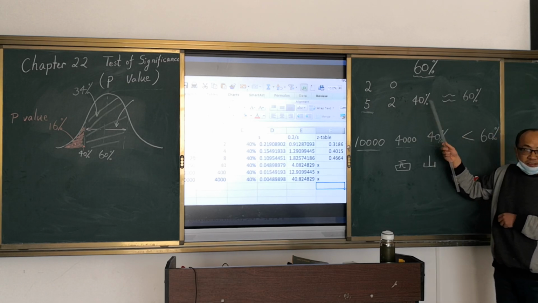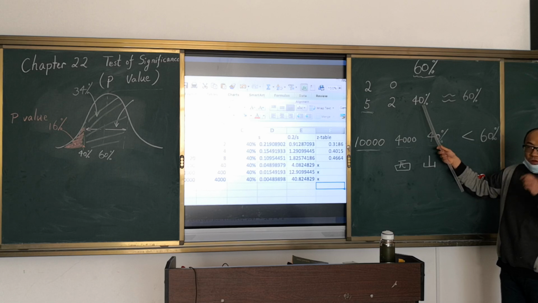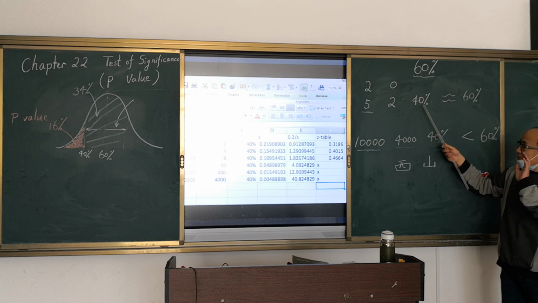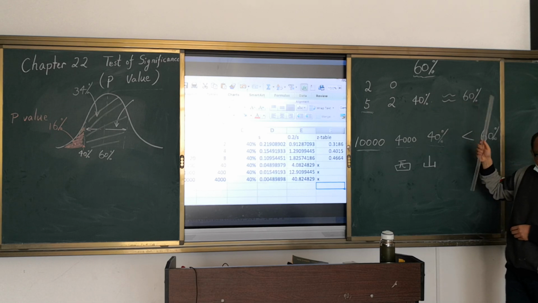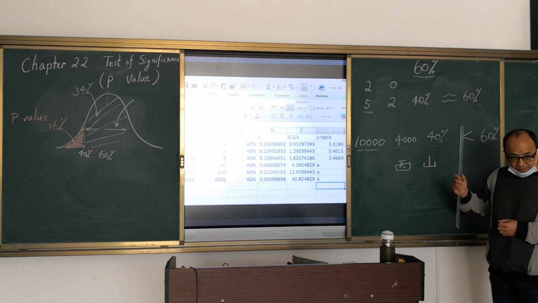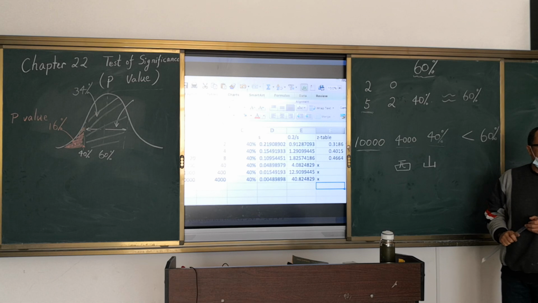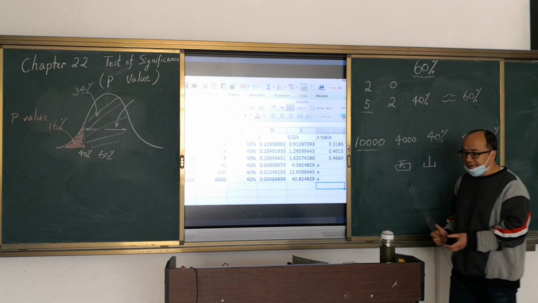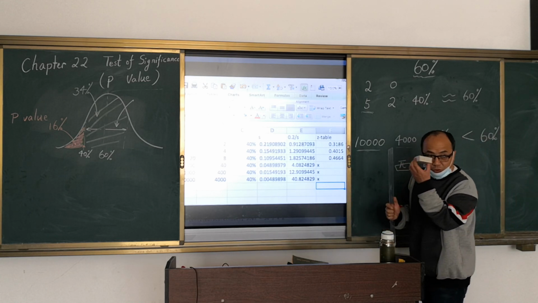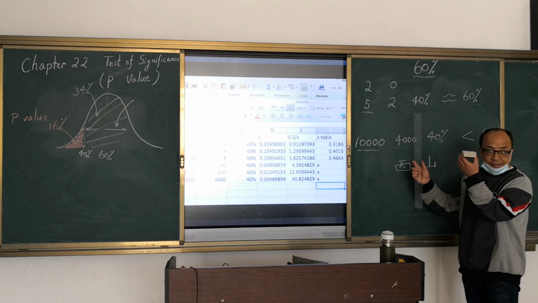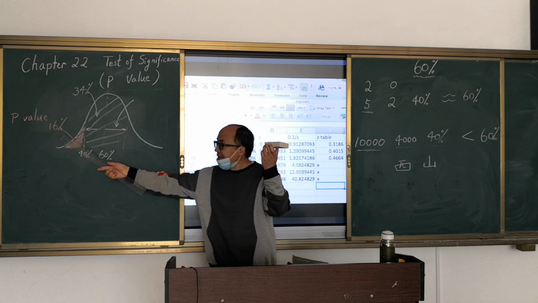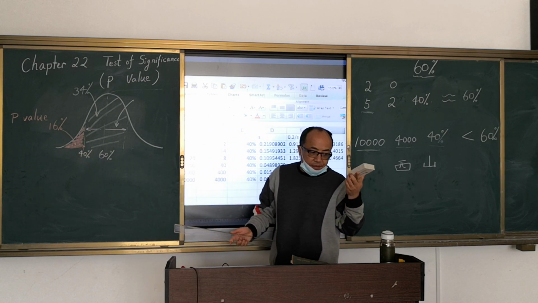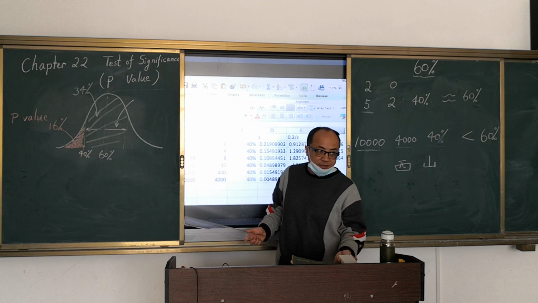So we consider this a reasonable fluctuation. We say this is basically equal to this. We cannot say the medicine is doing something good. It could be purely by incidence.